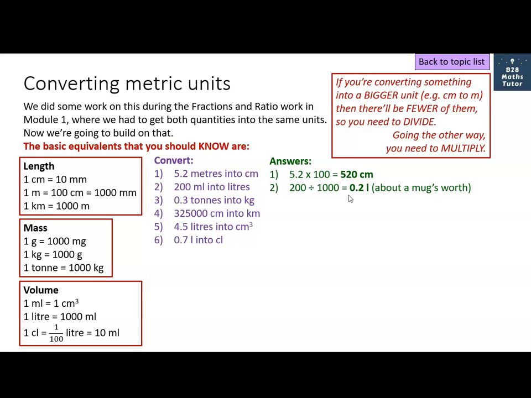So 200 millilitres, 0.2 litres, is about a mug's worth of liquid. 0.3 tonnes into kilograms. Well, we know that 1 tonne is 1,000 kilograms. So this must be 0.3 of 1,000, 0.3 times 1,000, which is 300 kilograms.